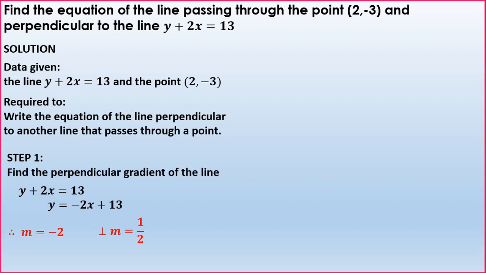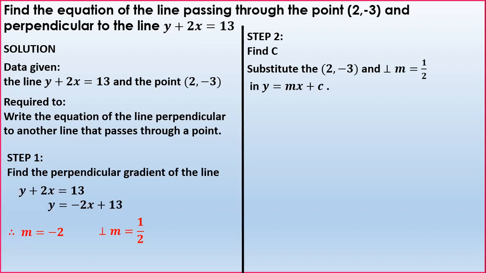Now that we have our gradient, we can find C. How do we find C? We are going to substitute the point given, 2, -3, and our perpendicular gradient, 1/2, in the equation y is equal to mx plus c. In this case, x is equal to 2 and y is equal to -3. Let us substitute.